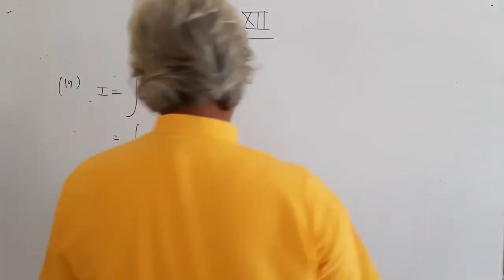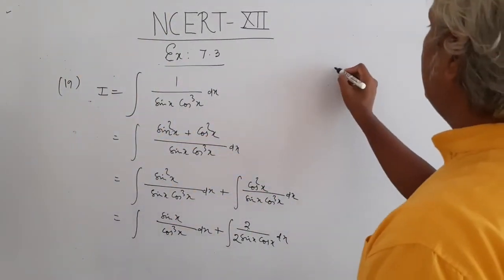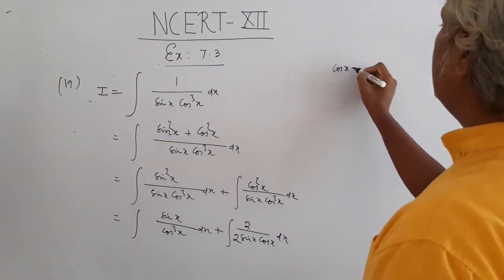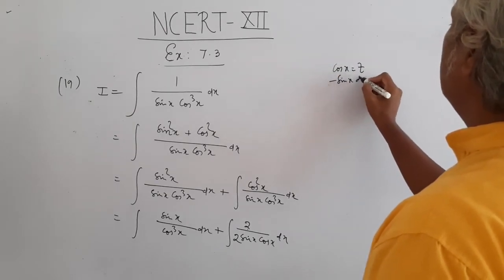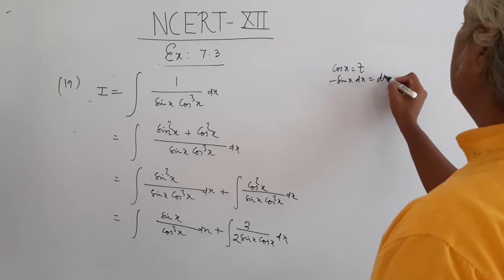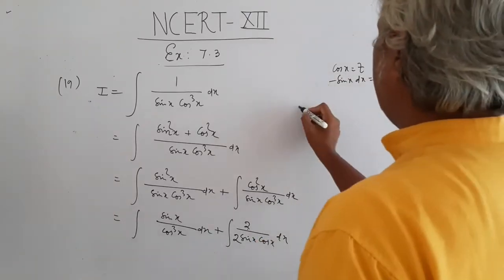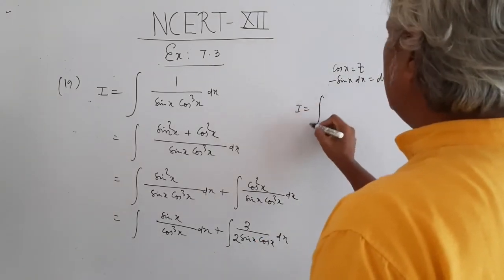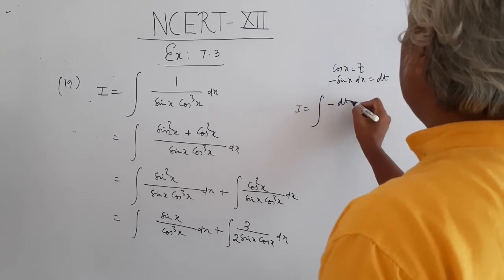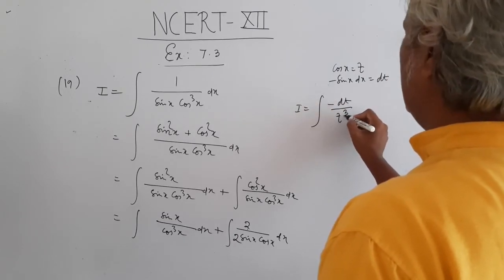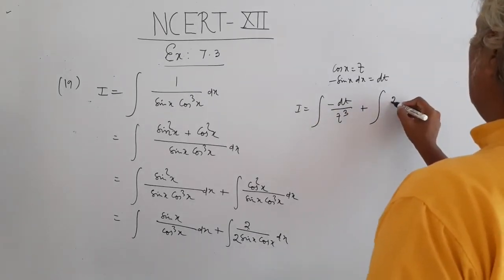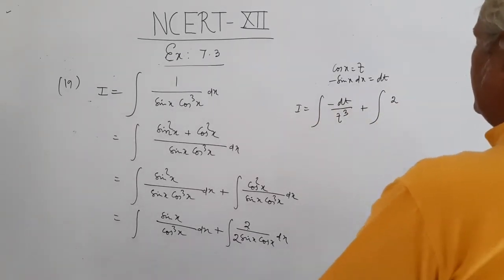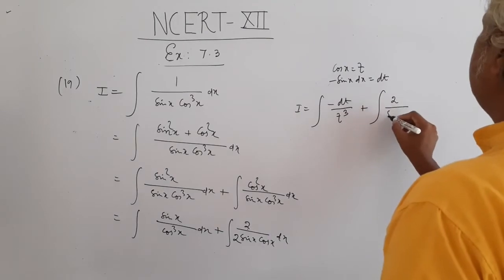So now for the first part I say let cos x as t. So minus sin x dx as dt. So my integral I becomes integration of minus dt over t cube plus, the second part becomes, 2 over sin 2x dx.